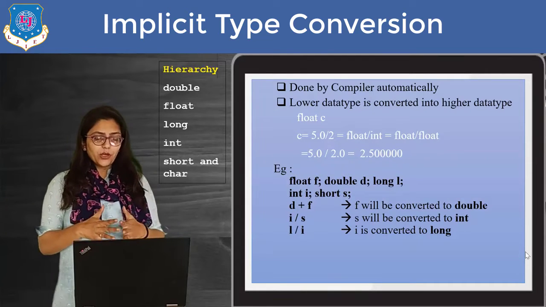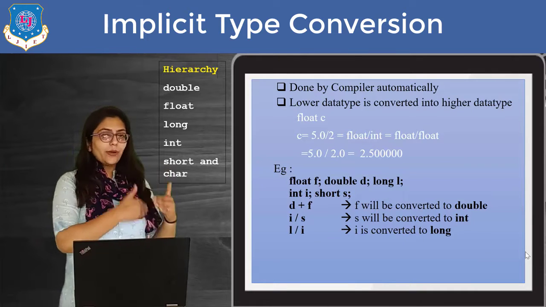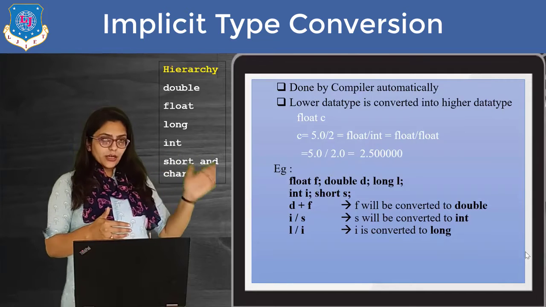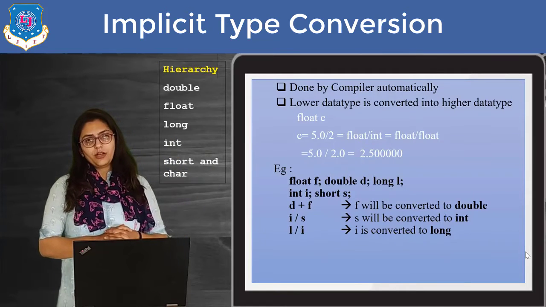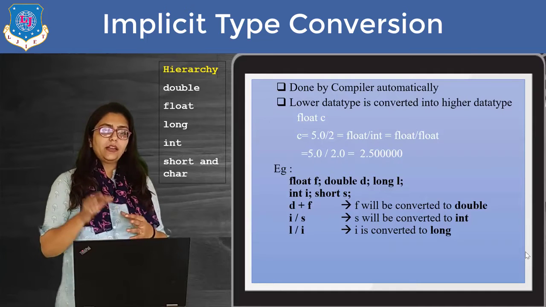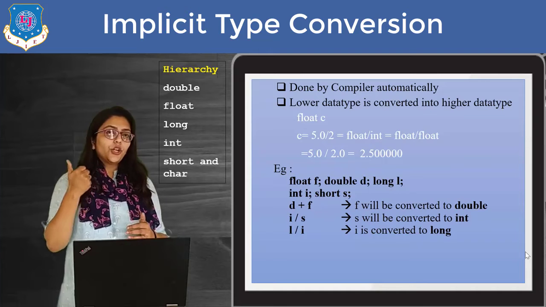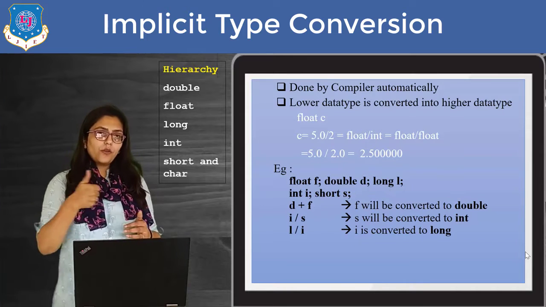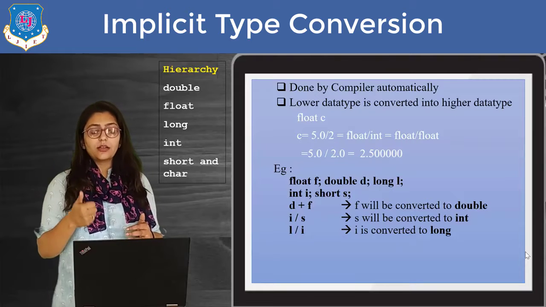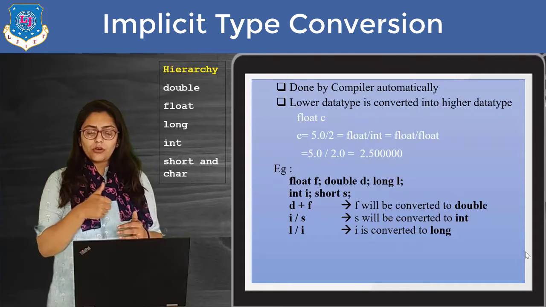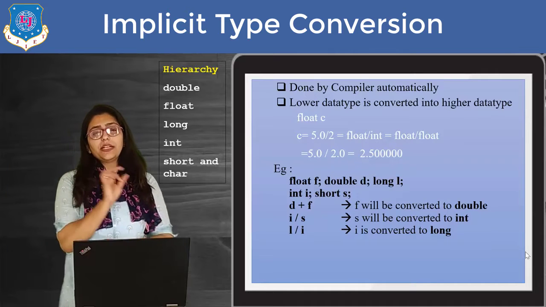So in implicit type conversion, the compiler is going to do its job by automatically converting one data type to another data type, that is lower data type to higher data type. So that is why you are getting a different answer when in the program of calculator you were using all of those variables as integer, you were getting wrong answer, and all of those variables as float, you were getting right answer specifically for the division operator.